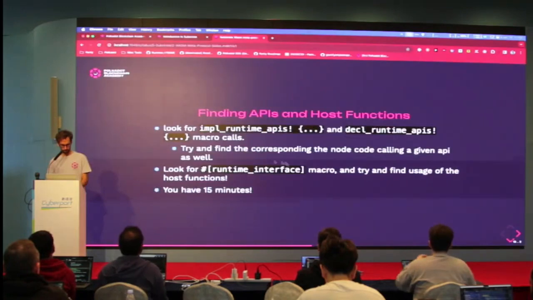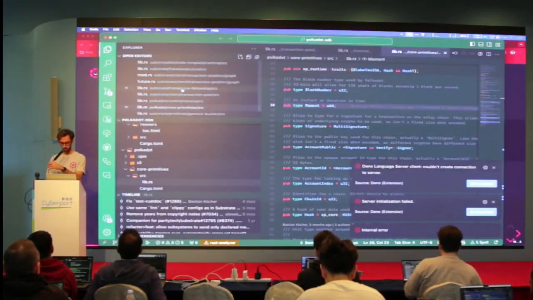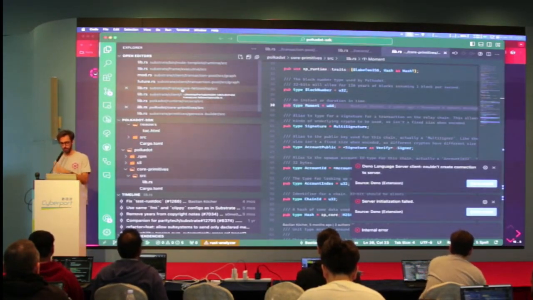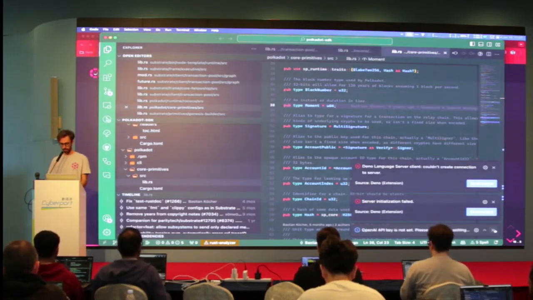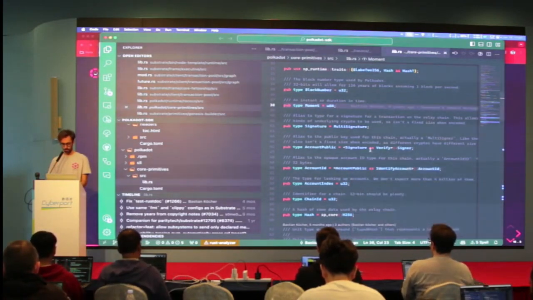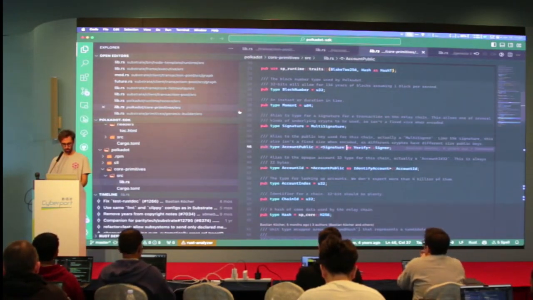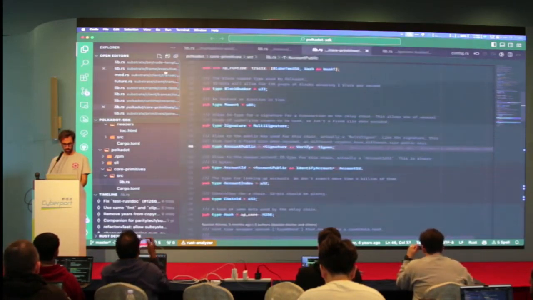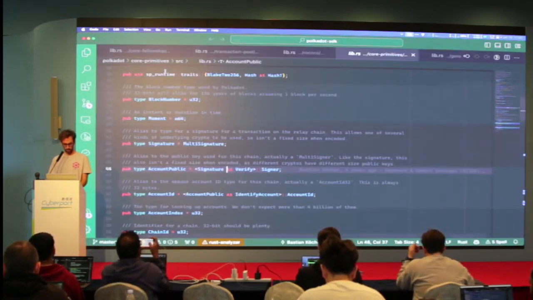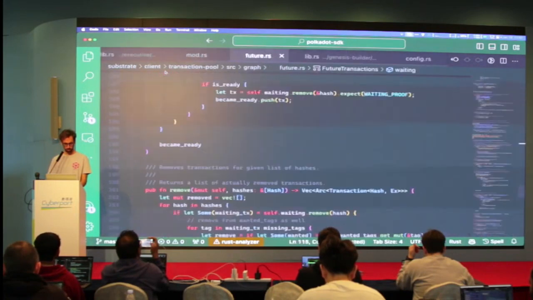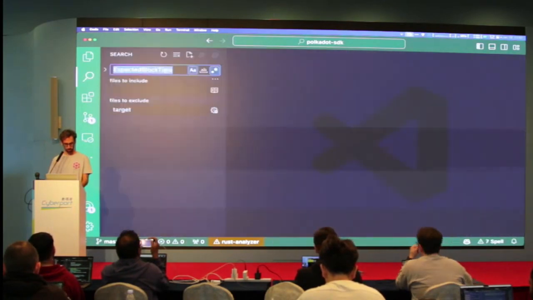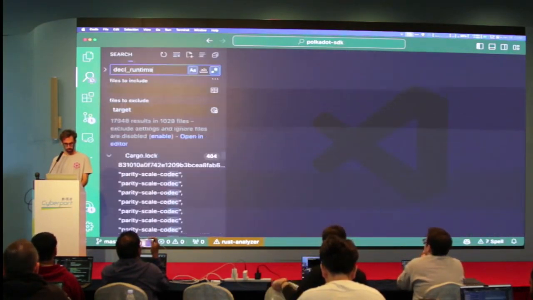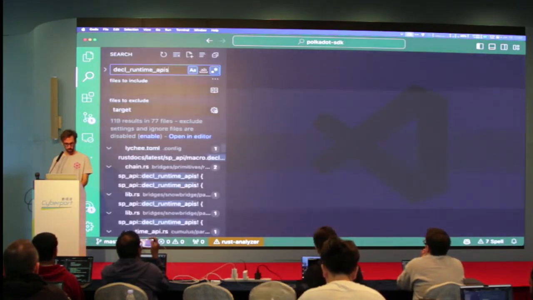Let me see, this is a bit of a new setup for me, so let me adjust. So, a bit bigger. So close everything. So first, let's look for Deco runtime APIs.